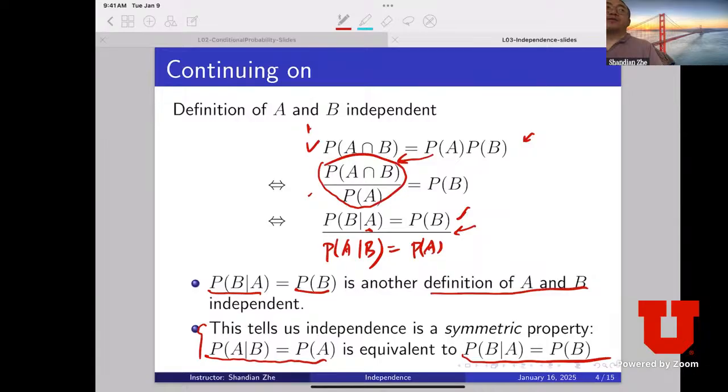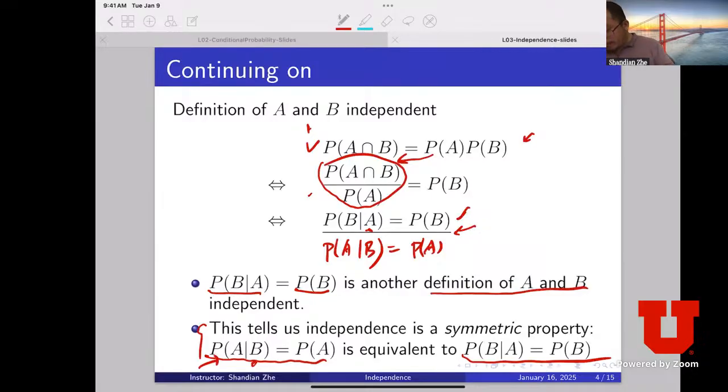Any question? If we interpret it in plain language, it means that the chance of A happening has nothing to do with whether B happens. This is what the first equation tells us.